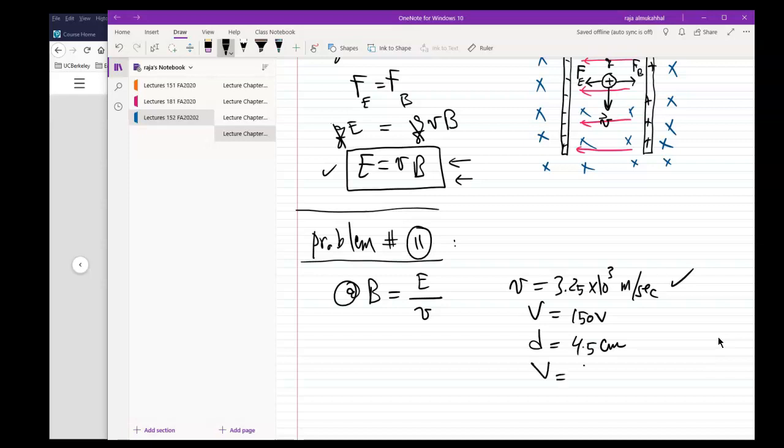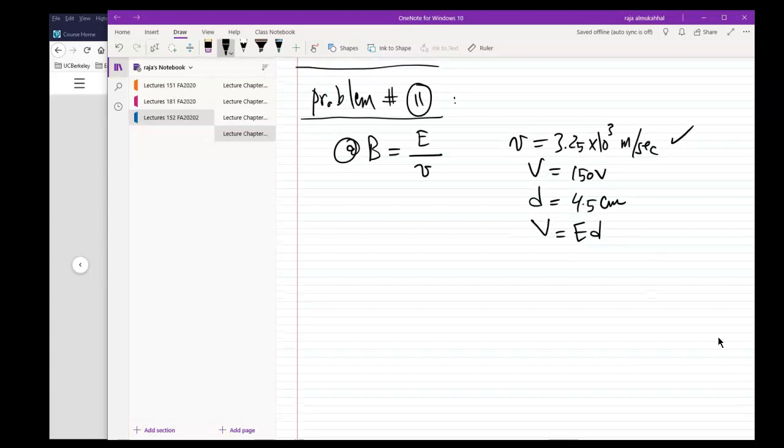V equals ED. Remember that? Good. So E is equal to V over D.